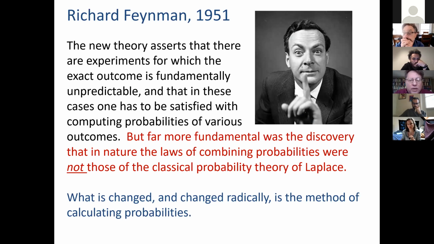But far more fundamental was the discovery that in nature, the laws of combining probabilities were not those of classical probability theory of Laplace. What has changed, and changed radically, is the method of calculating probabilities."